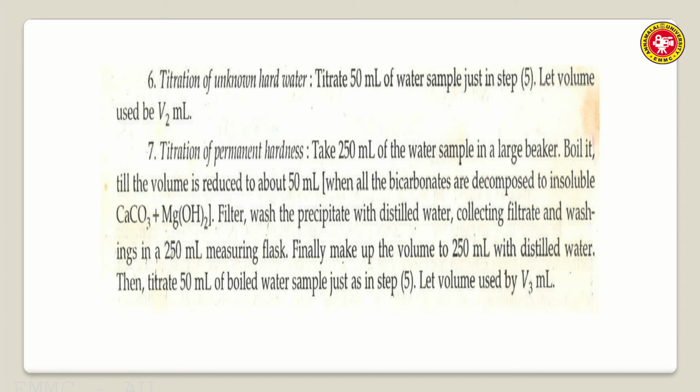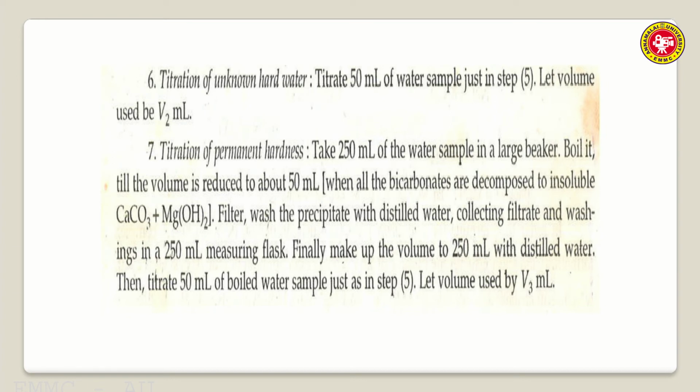Okay, now from that 50 ml I'll pipette out and take in the conical flask. Again add 10 to 15 ml of buffer, 4 to 5 drops of EBT indicator, and wine red color will appear. Now as I titrate with EDTA from the burette, the wine red color will turn to blue. At that end point, let V3 be the volume of EDTA consumed for 50 ml of boiled hard water.